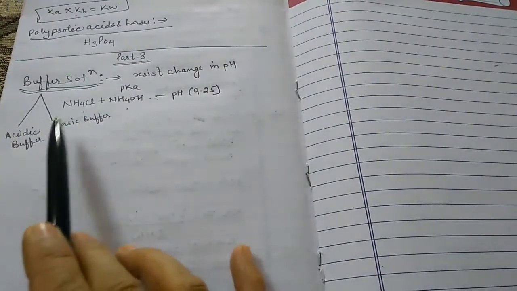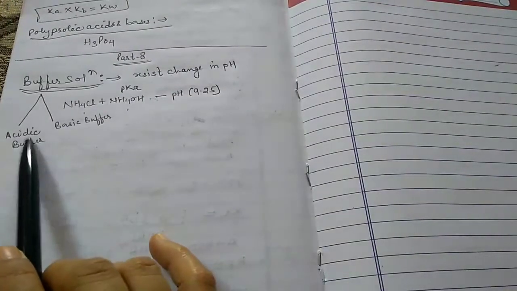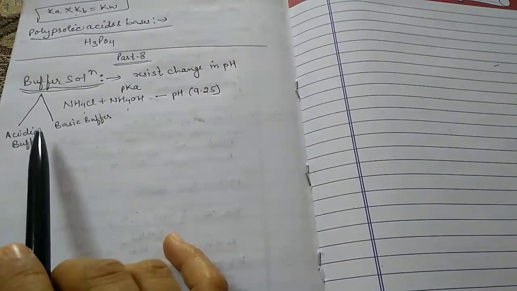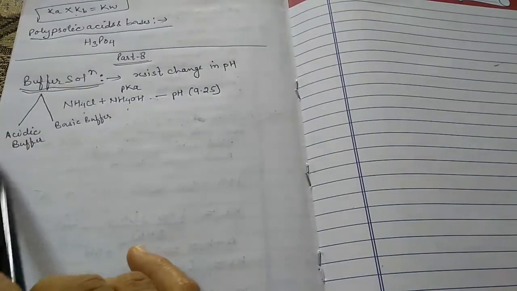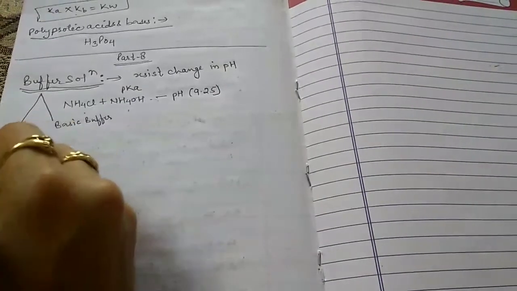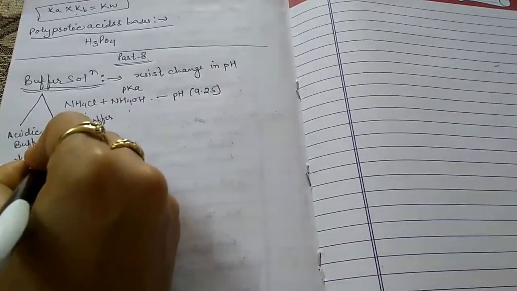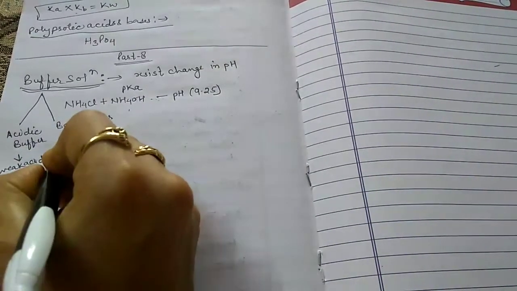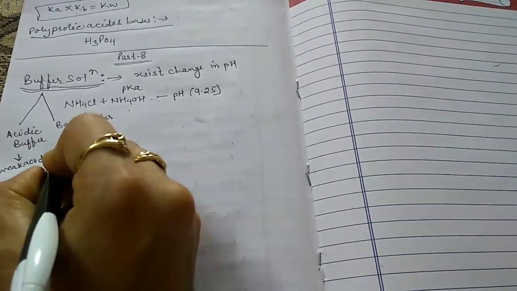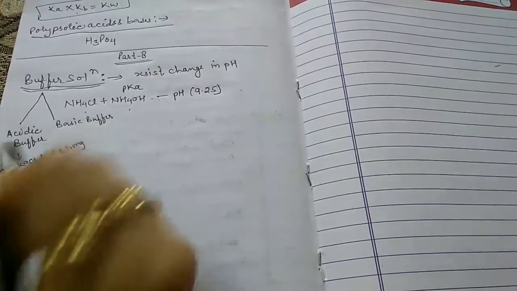An acidic buffer solution contains equimolar quantities of a weak acid and its salt with a strong base.